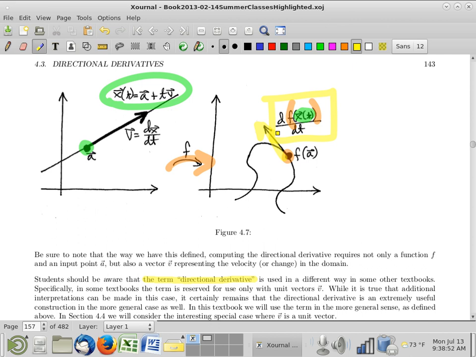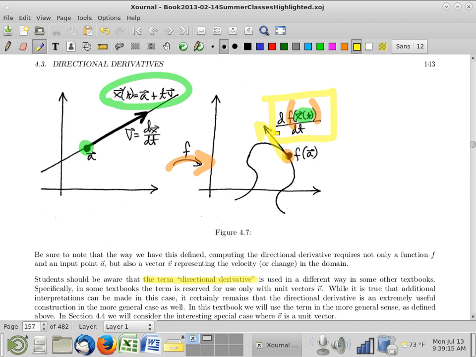So the thing I'm looking for, the velocity of the output given a certain velocity of the input, is simply the derivative of this parametric curve, f of the parametric curve that's at point A with velocity B. It's a very brute force construction.